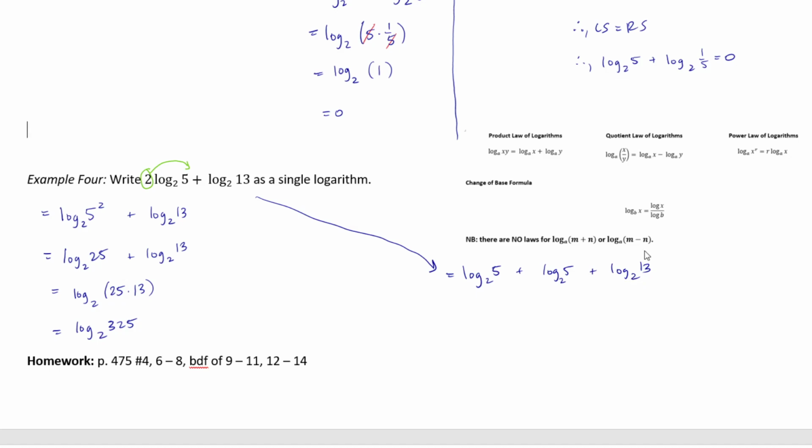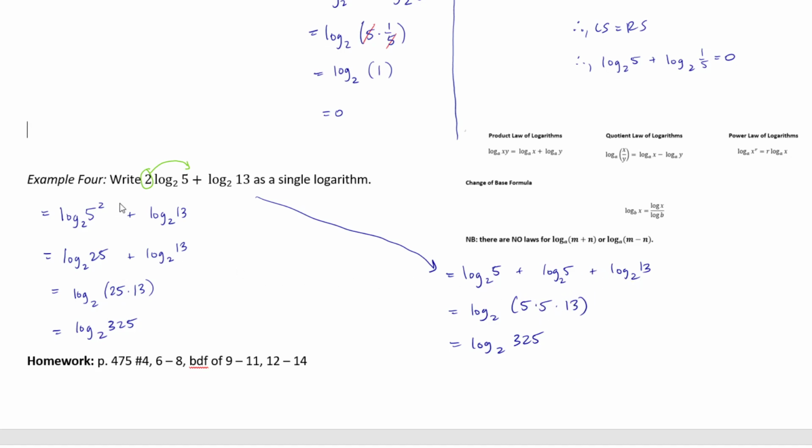It's just 2 log 5 base 2s, right? And then you can use your product law and just simplify. 5 times 5 times 13 is equal to log base 2 of 325. So that's another way of doing it as well.